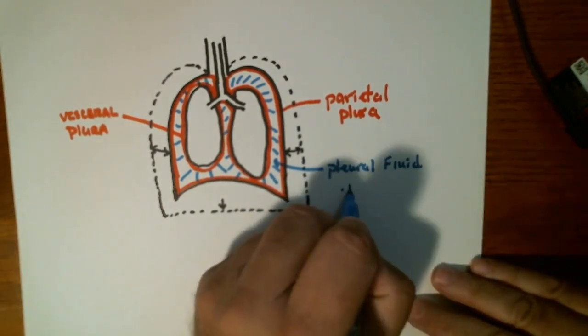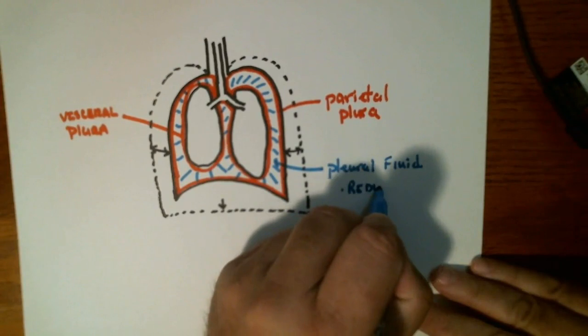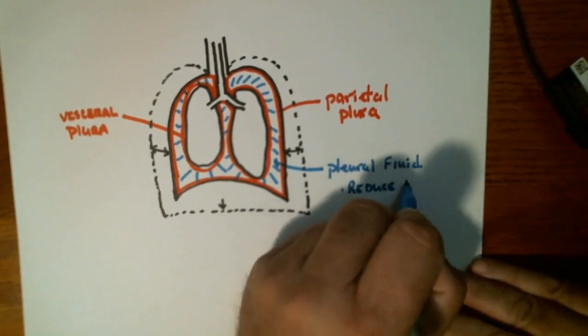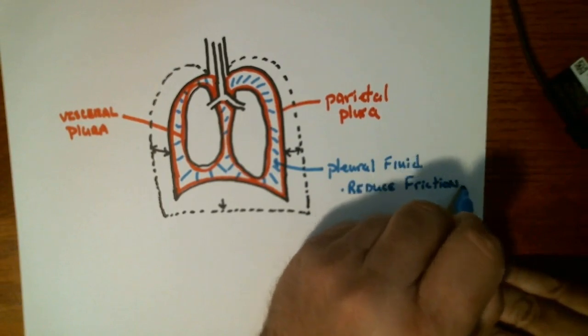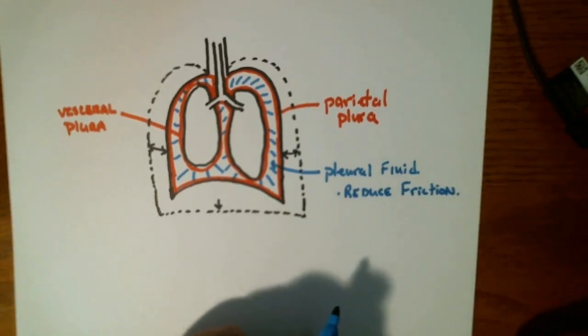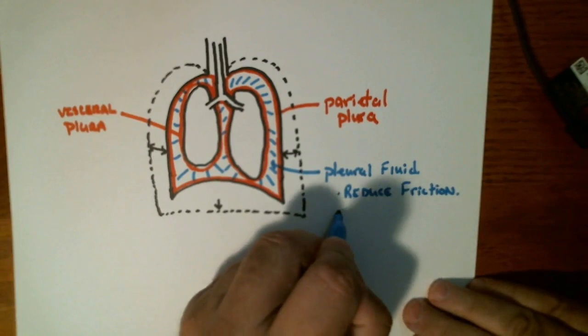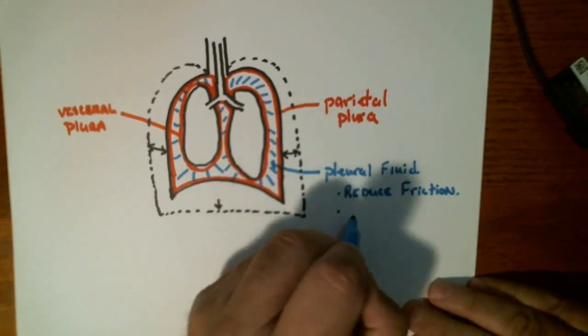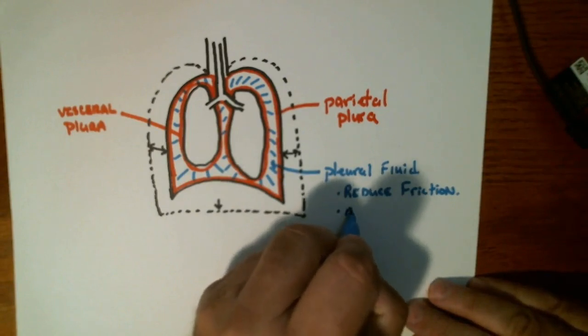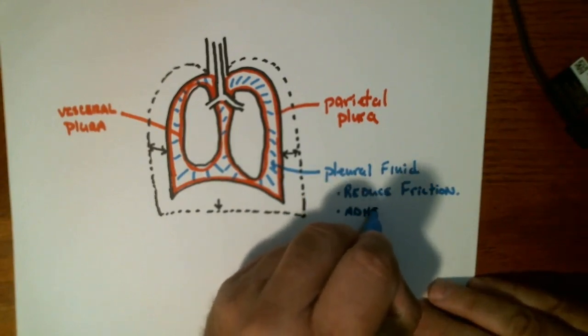First, it helps reduce friction, to make it easier for surfaces to move across one another. And second, and important in our discussion here, is that pleural fluid kind of has adhesive properties.